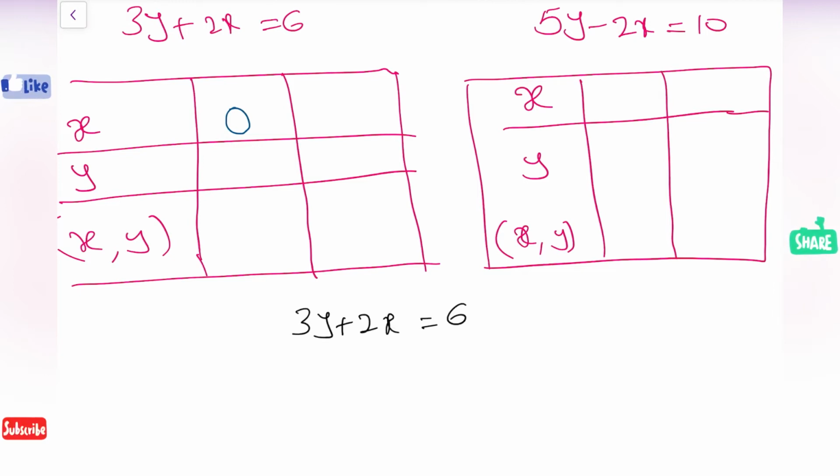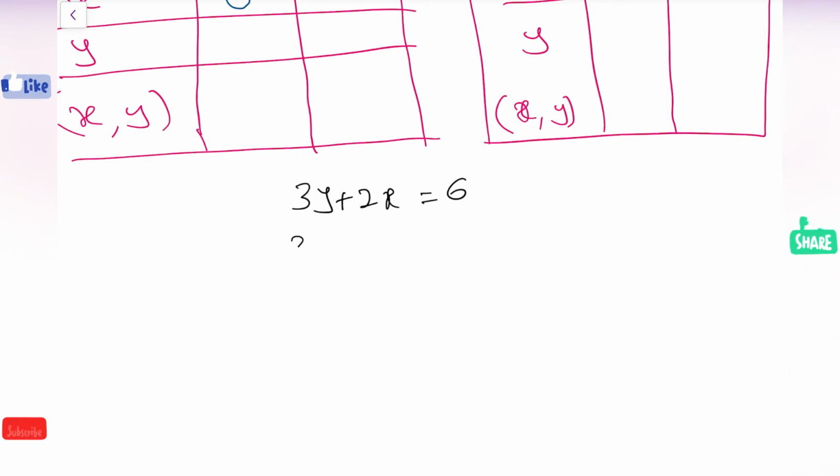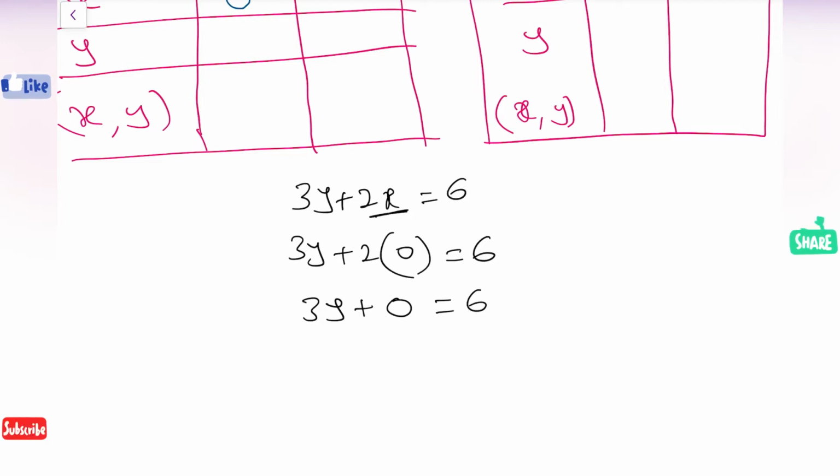Now as I said already, I am going to substitute 0 in the place of x. So 3y plus 2 into 0 is equal to 6. 3y plus 0, nothing but 3y, is equal to 6.